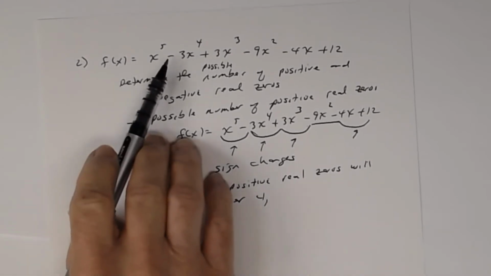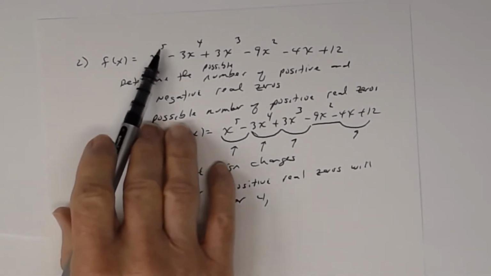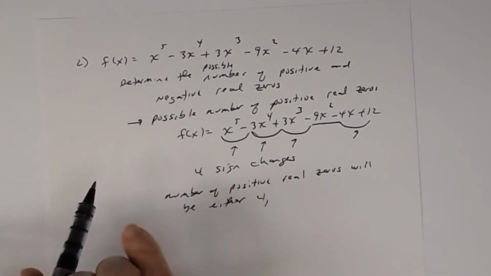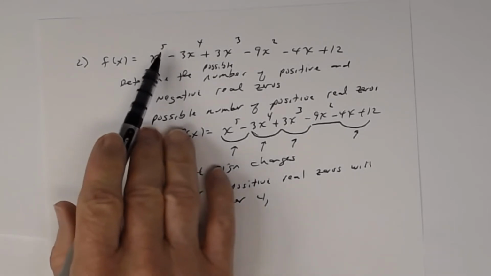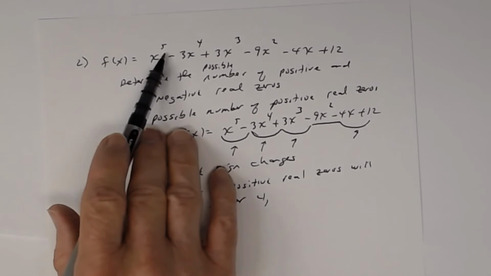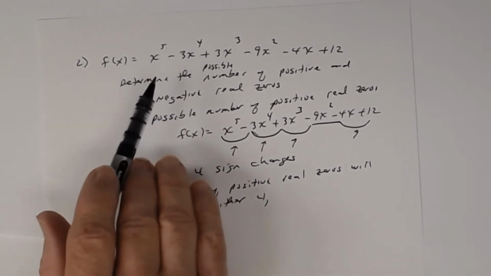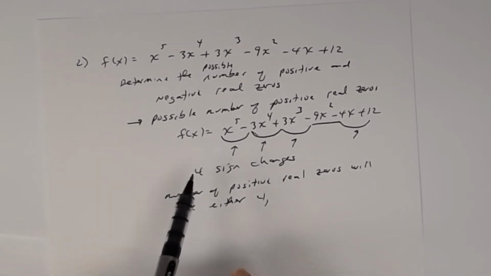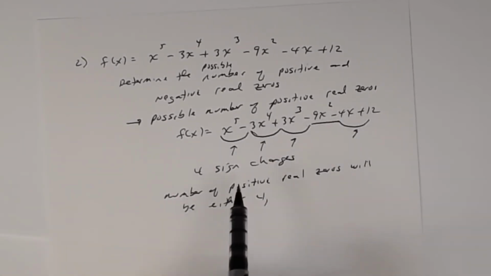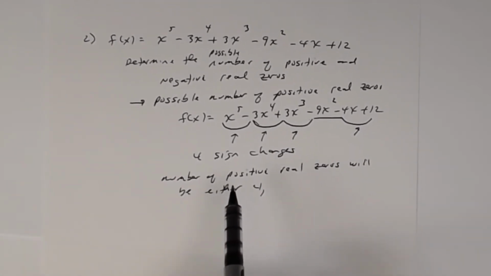Now, remember the degree is 5, right? So altogether, you're going to have five zeros. Some may repeat, but you can have 5. And some may be real, some may be imaginary. Okay, always keep that in mind. But Descartes' rule of signs only talks about real zeros. That's all it does. Only talks about real zeros, positive or negative.